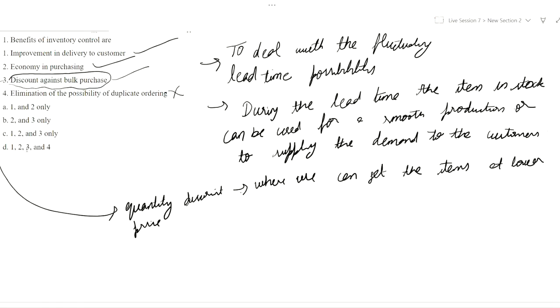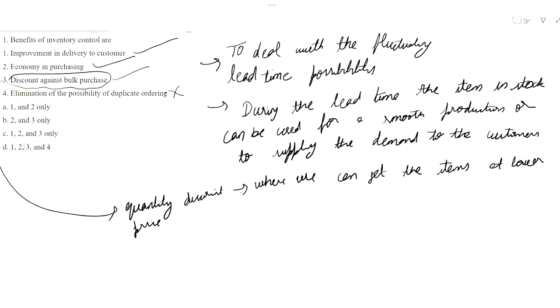In session 7, we came across inventory control. The benefits of inventory control are improvement in delivered customer service, economy in purchasing, and discount against bulk purchase. Here we dealt with fluctuating lead time possibilities.